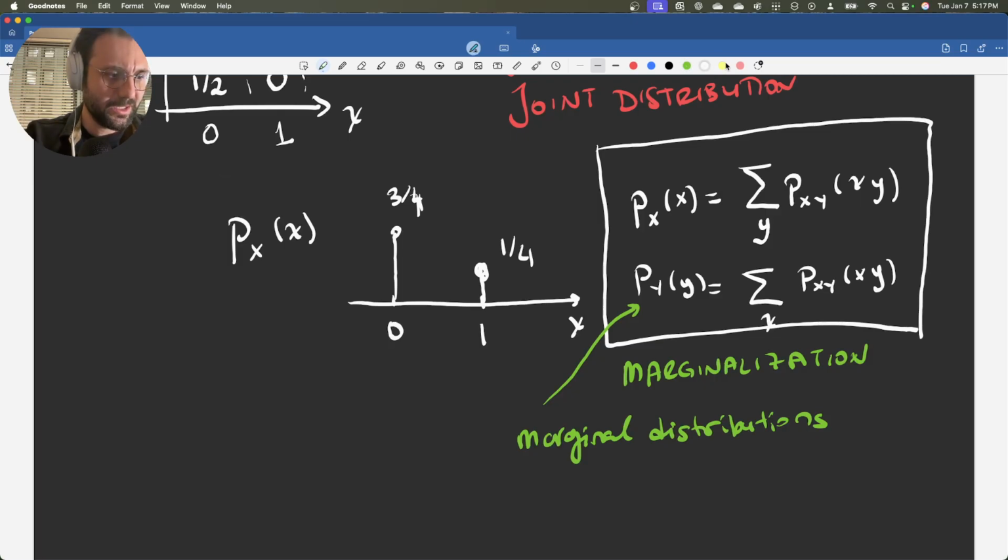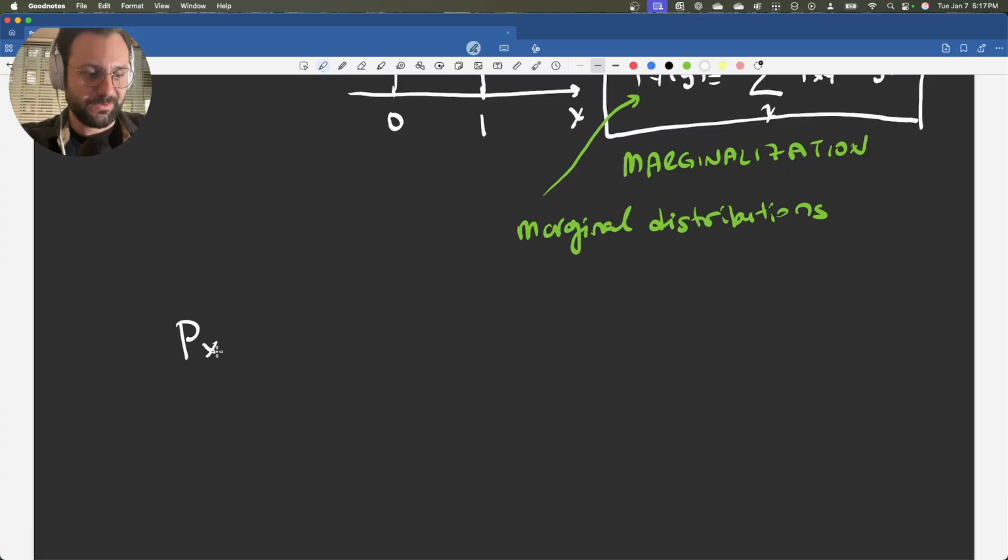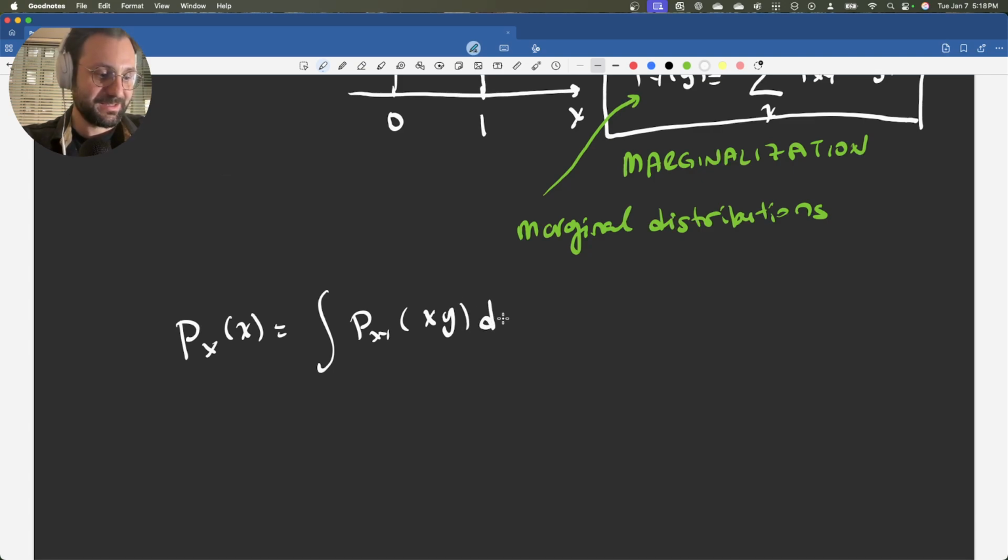Similarly, for continuous random variables, we can get p of x from marginalizing over y, p of xy. This time I'm going to integrate over dy, from minus infinity to infinity.